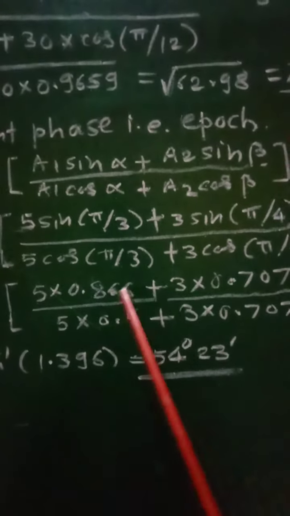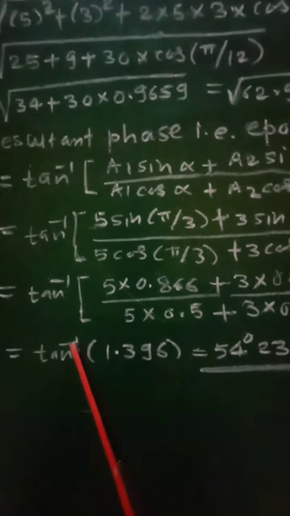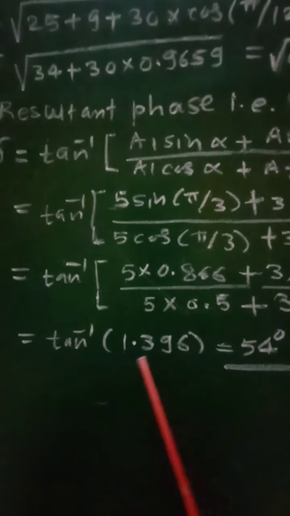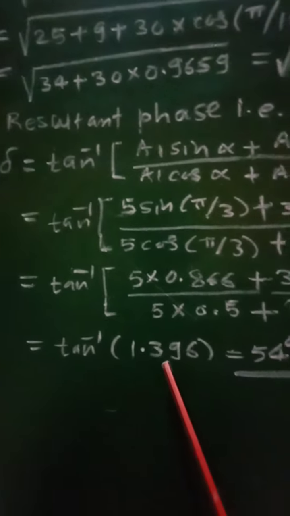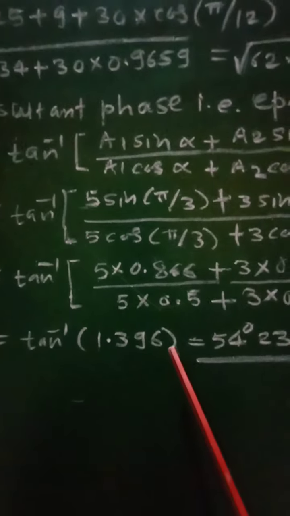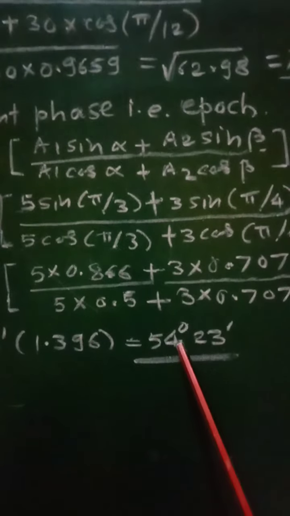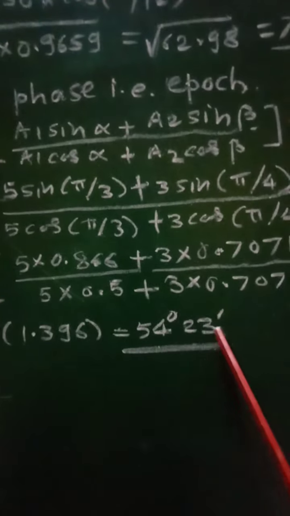Calculating all these products and additions and finally taking the ratio, we get tan⁻¹(1.396). Therefore, the resultant phase or epoch δ will be equal to 54 degrees 23 minutes.